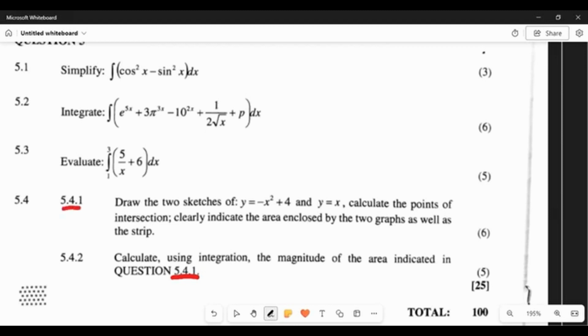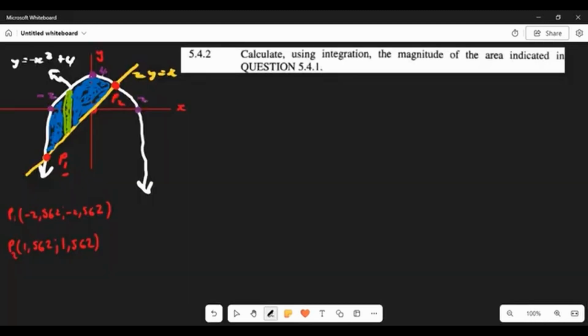Let me copy this question and paste it where there is space, and then I will continue from there. Let's continue with 5.4.2. Now the question states: calculate using integration the magnitude of the area indicated in question 5.4.1. Like I said earlier, you need to have watched 5.4.1 in order to understand what is happening here.